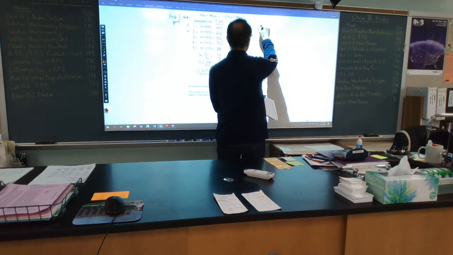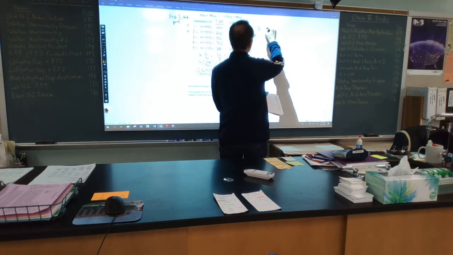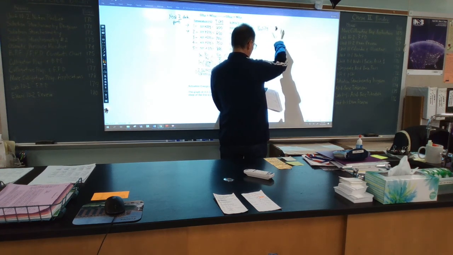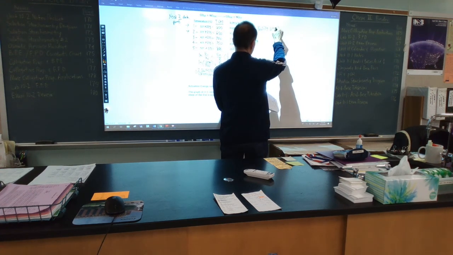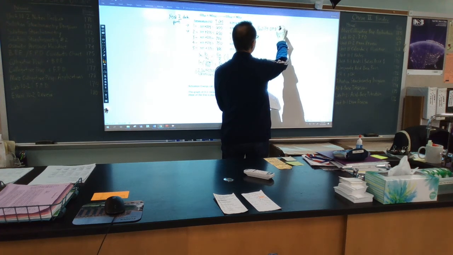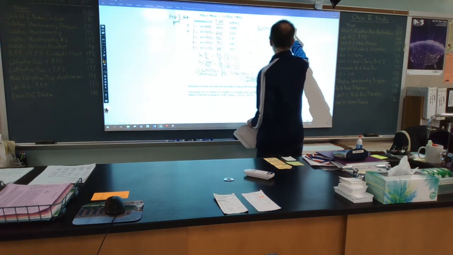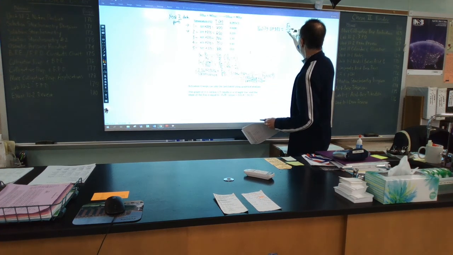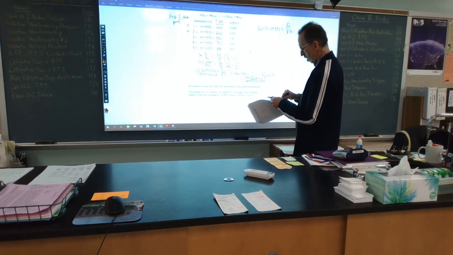So I got 16,079.09971 equals EA over 8.31.